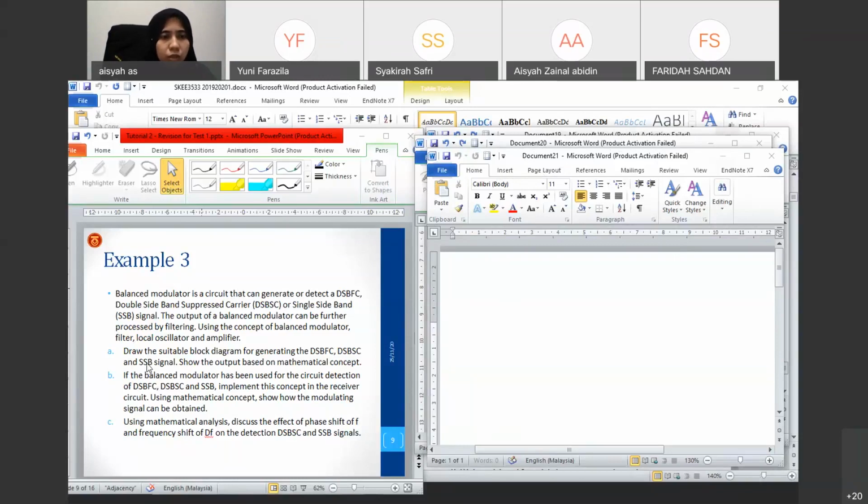Okay, so first one is draw a suitable block diagram for generating the DSBFC. So how do you draw this?